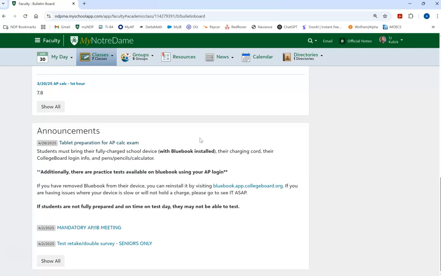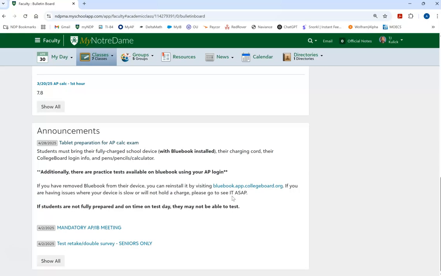If you don't have the Blue Book download anymore, I put some stuff in the announcements about how to do that. Or if you're having trouble, like my computer's battery lasts 6 minutes, make sure you take a trip to IT and get that squared away, whether they need to have a loaner tablet set up for you or whatever.